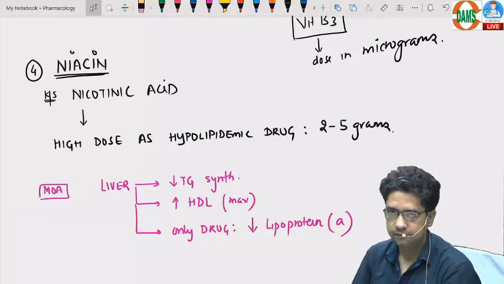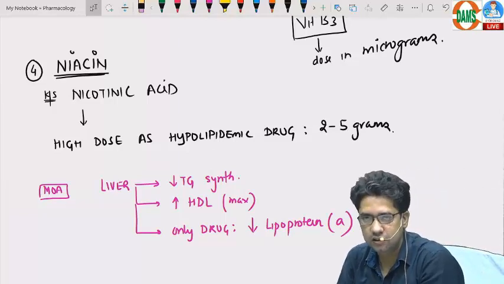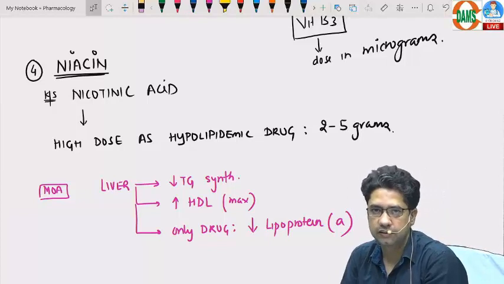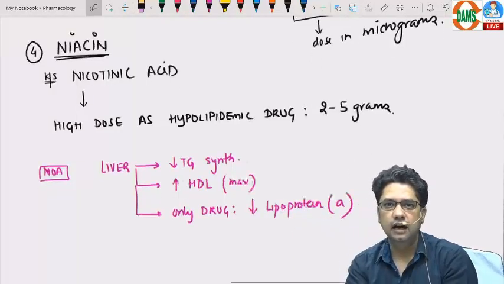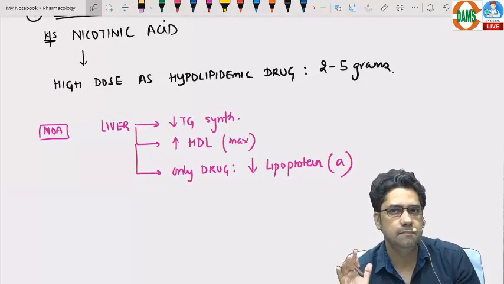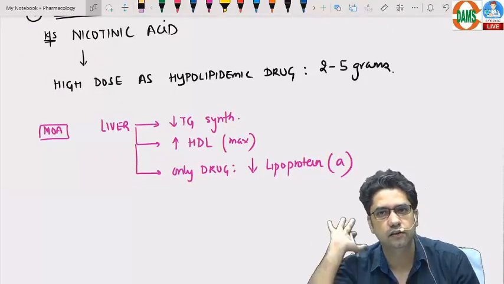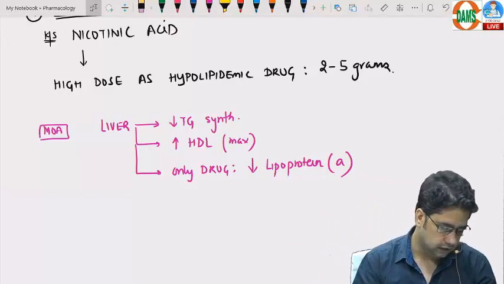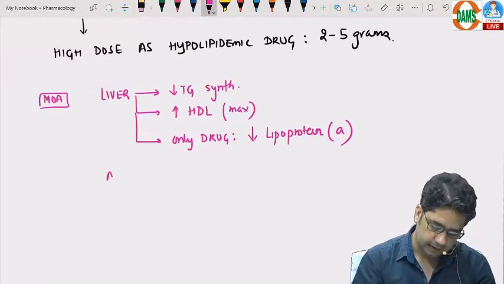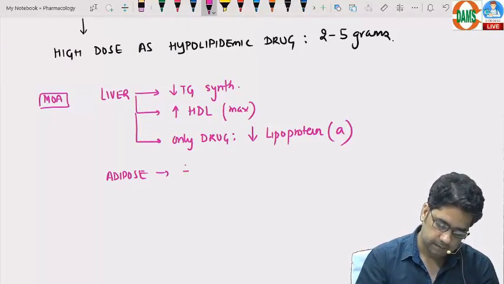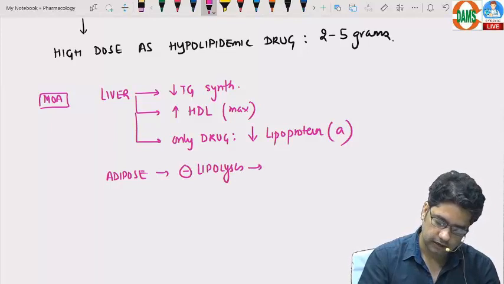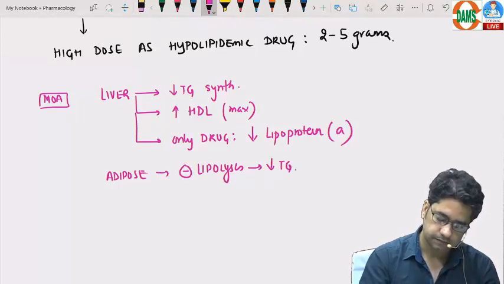Lipoprotein A is synthesized during atherosclerosis. It is a modified form of LDL. If lipoprotein A is found in blood, the A means atherosclerosis is occurring. Done. And in adipose tissue, it inhibits lipolysis, which also decreases triglyceride level.